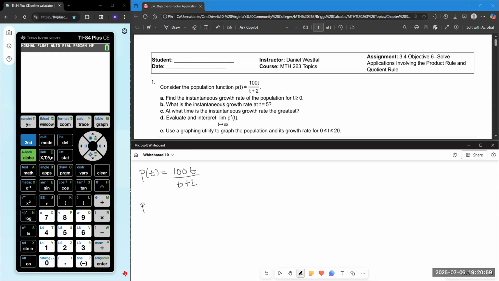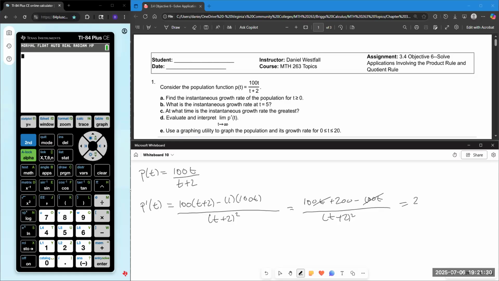So P prime of t is equal to derivative of the top times the bottom minus derivative of the bottom times the top, all over the bottom squared. It's going to be 100t plus 200 minus 100t over t plus 2 quantity squared.